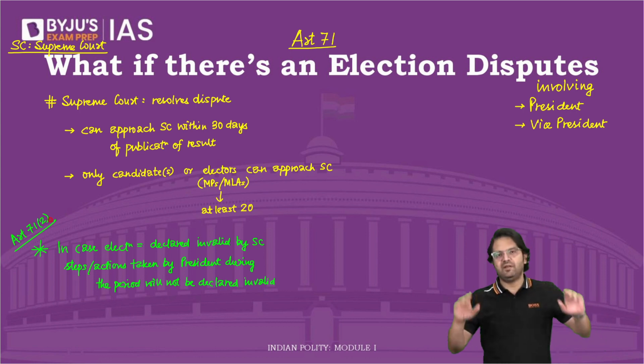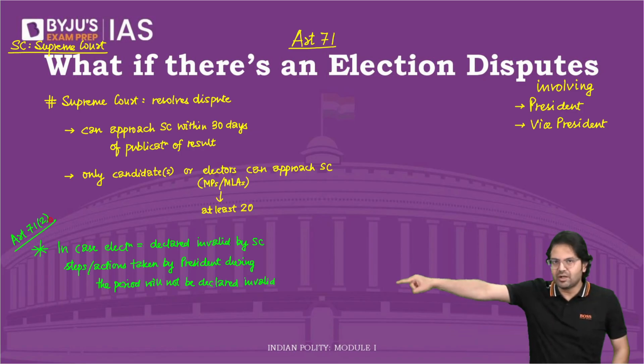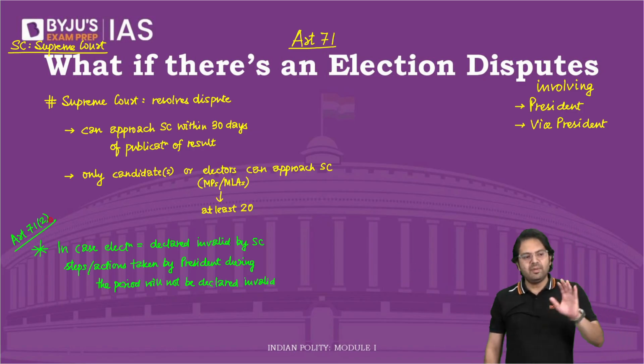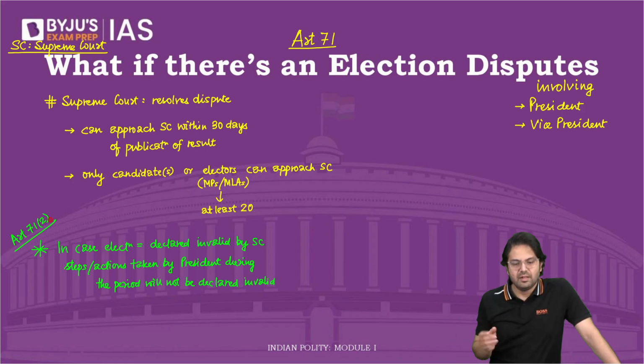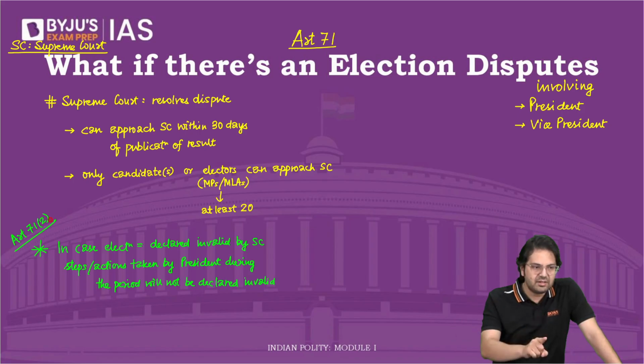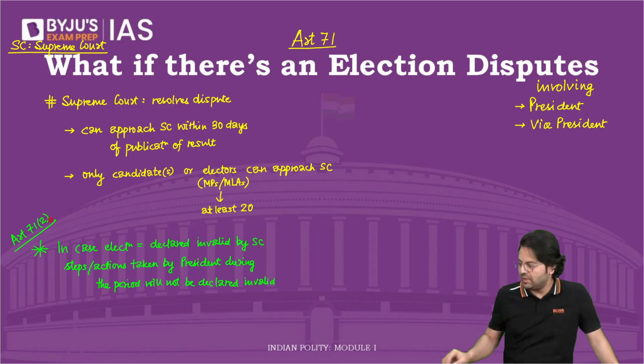You are sitting in the house watching Netflix and don't go to vote. Can somebody go and complain that cancel the election, that fellow did not come to vote? It will be silly, right? Same thing here. Elections of the president are held at their fixed time, and just because there is some vacancy in the electoral college, some state there is president's rule, etc., it does not mean that the elections will be postponed. Clear?